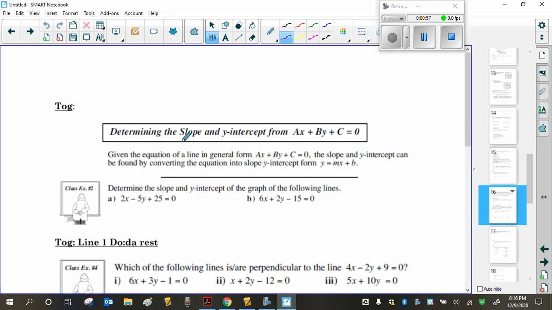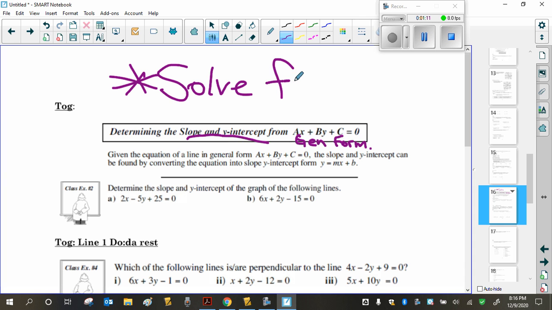Determining slope and y-intercept from general form. What does that mean? That means big star on the top of the page, big solve for y. Okay, now we're learning it, even though we've already learned it.